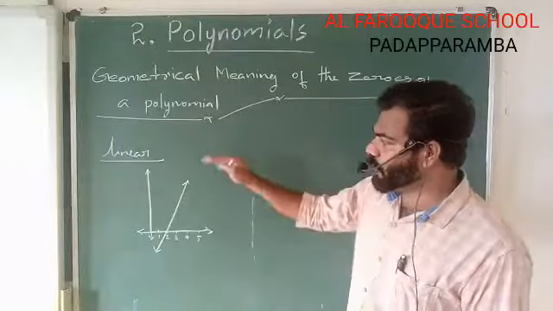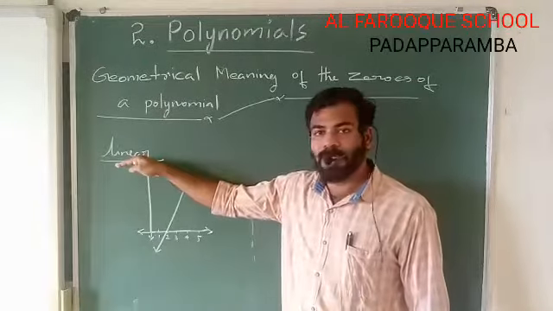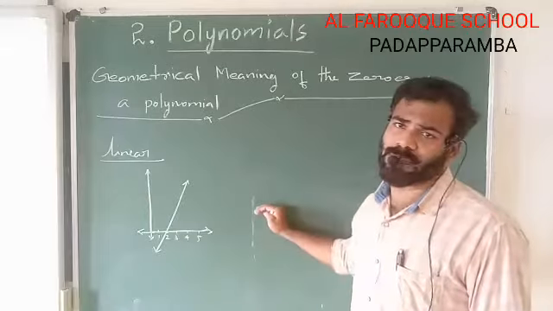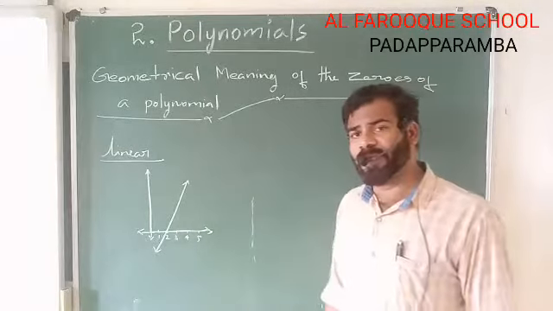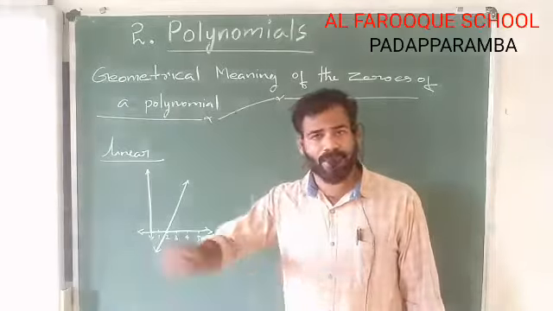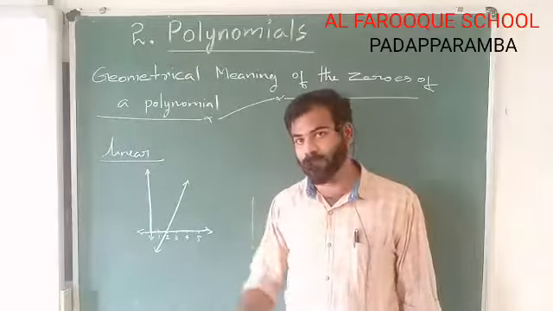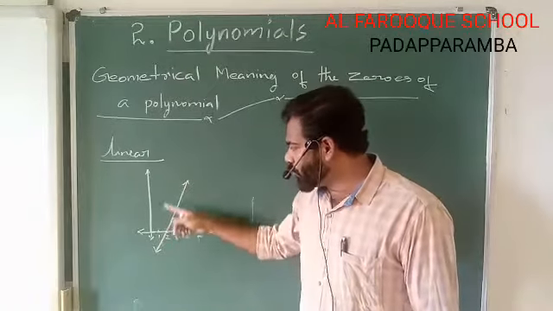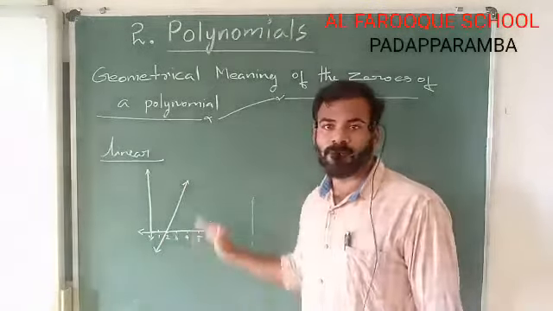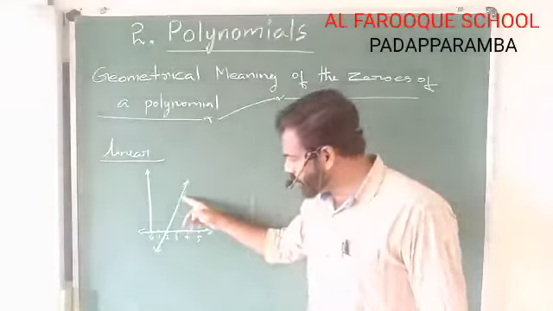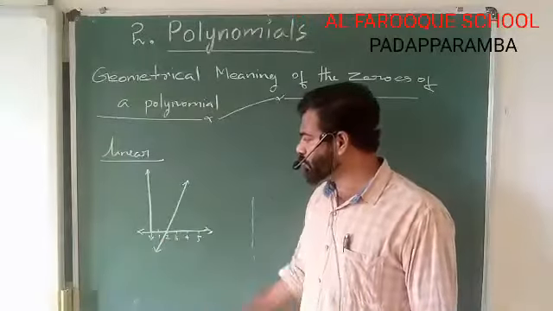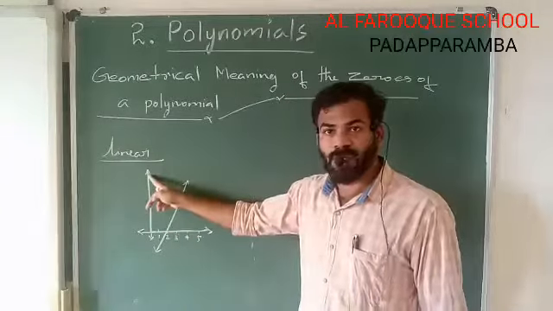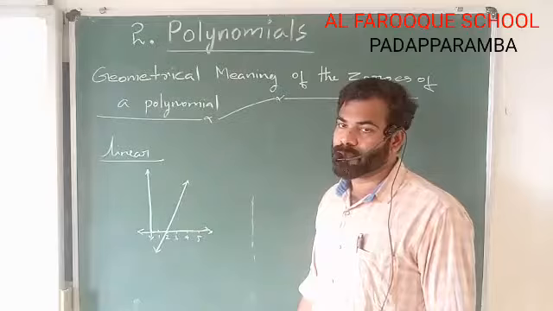So here, first of all, we are going to consider a linear polynomial. As you know, the graph of a linear polynomial is always a line. That's why the name linear. I draw a linear graph here. This is the graph and these are the axes, x-axis and y-axis.